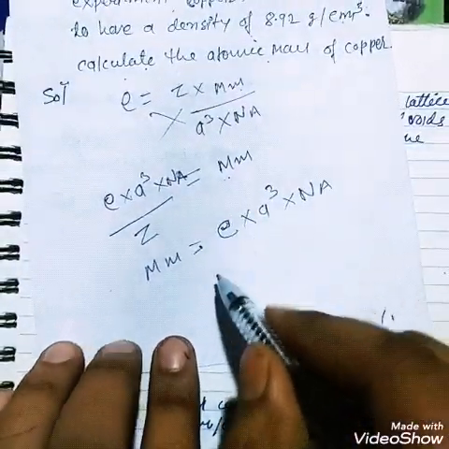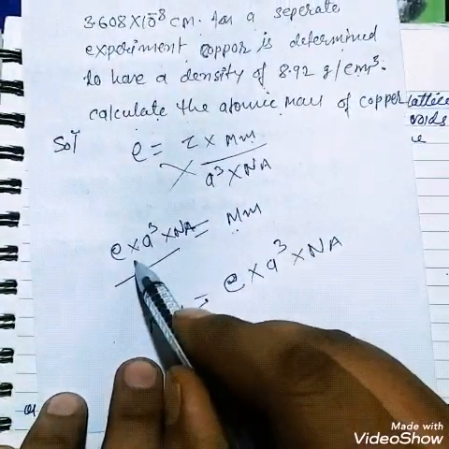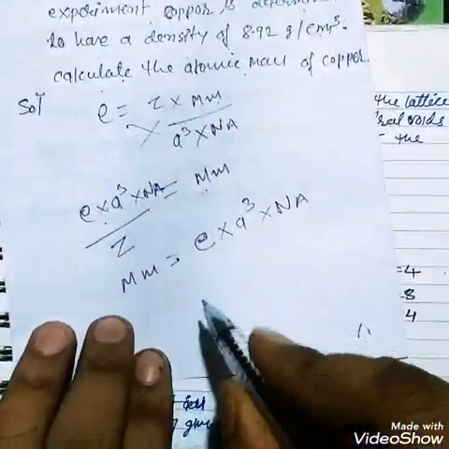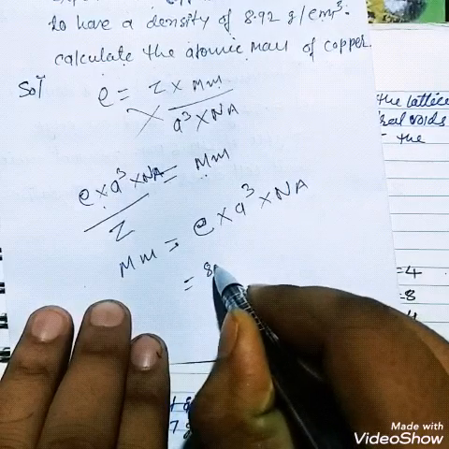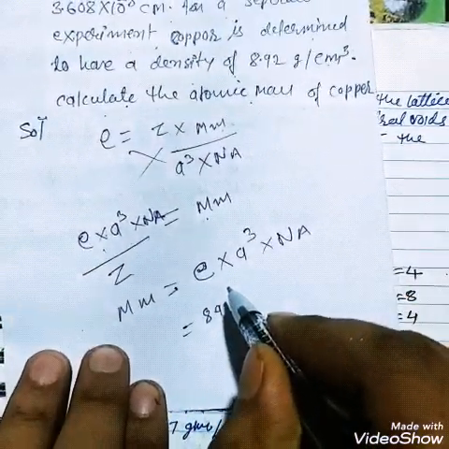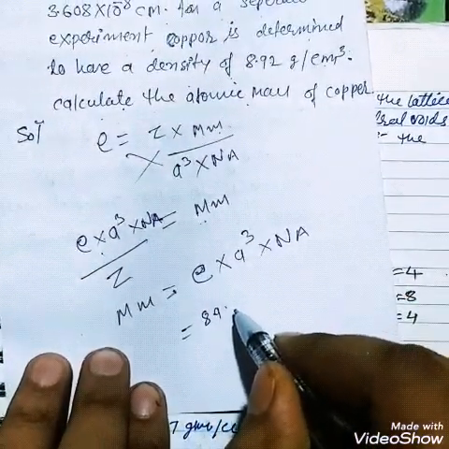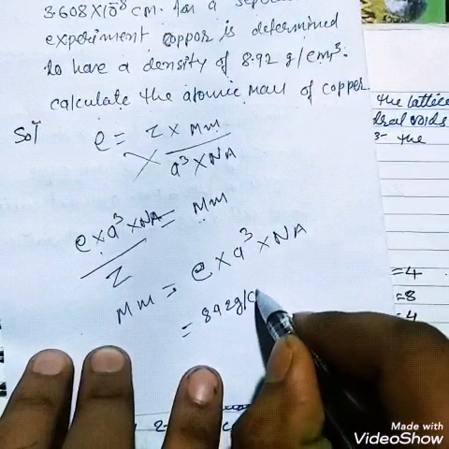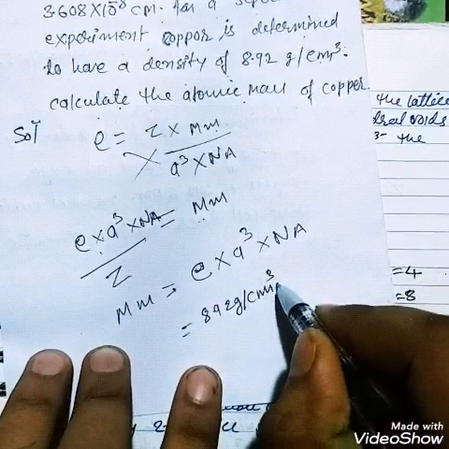So here it is also very important. Density is 8.92 gram per centimeter cube.